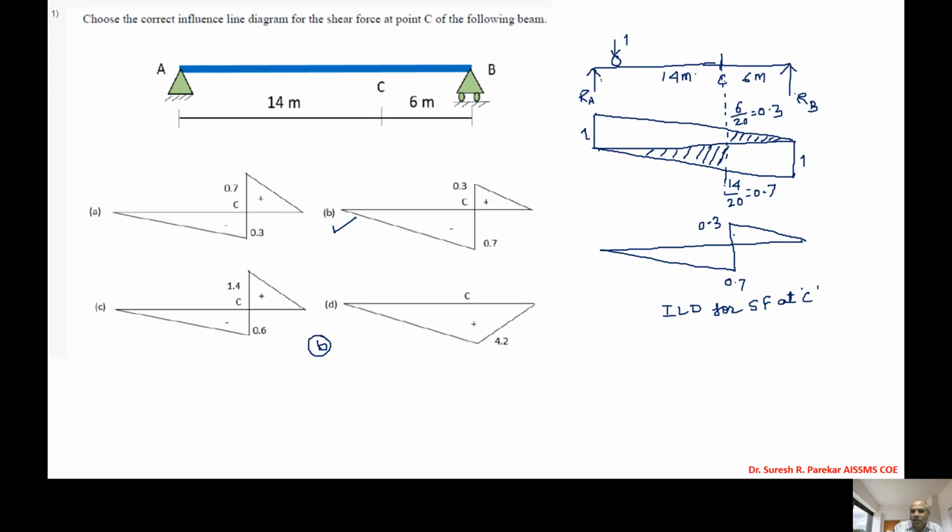So this is 0.3, this is 6 meter. So if we go for the area of this, so this is 6 meters. So now if I consider 5 meter for this, we have 0.3 by 6 into 5. And then we will get it as 1.5 by 6.